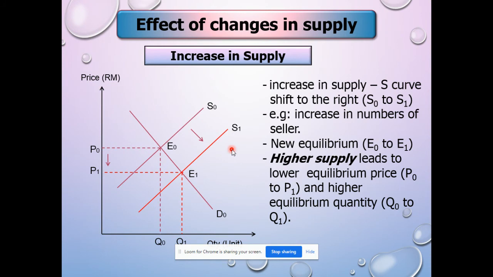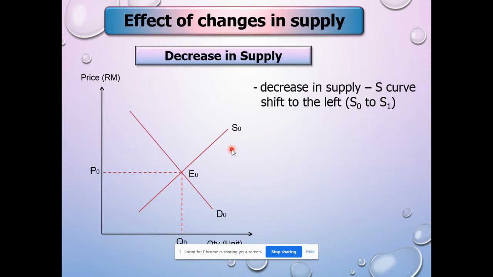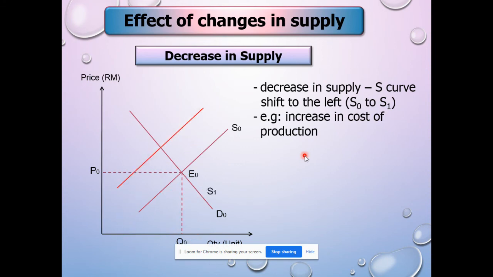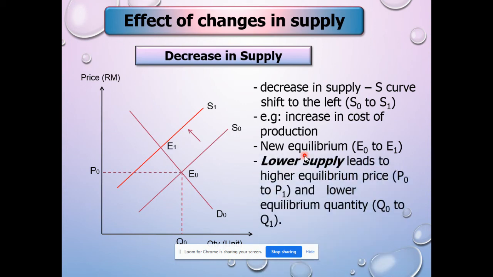Okay, so these are the changes for supply. How about decrease in supply? What other example of the factors? Let's say increase in the cost of production will lead to supply shifting to the left from S0 to S1. So before this equilibrium is at E0, now equilibrium is at E1.